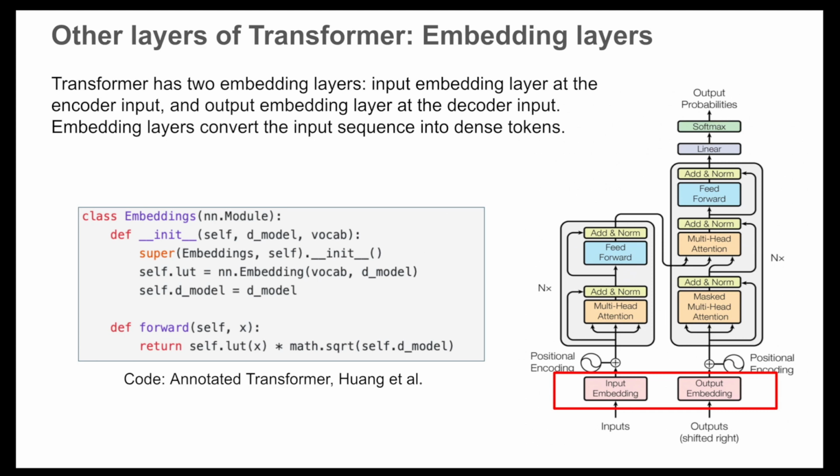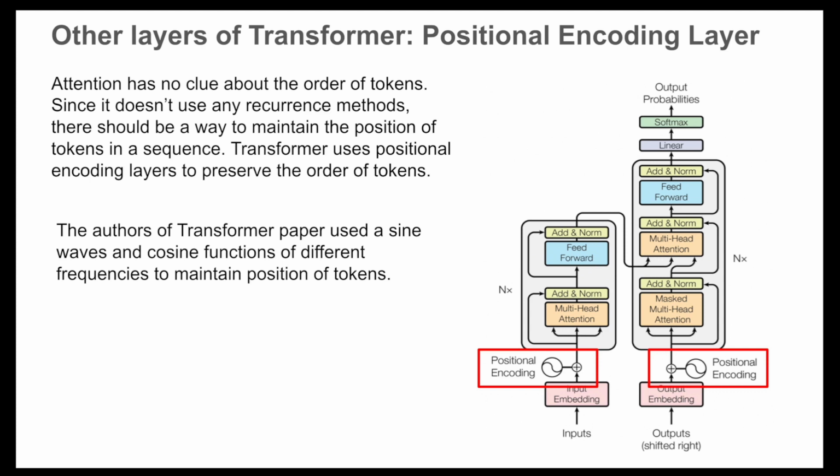Another layer is the positional encoding layer. The positional encoding layer is a really important part of the transformer architecture. This is because attention has no clue about the order of tokens, since attention does not use any recurrence methods. So it makes sense to have some way of maintaining the position of tokens in the sequence.